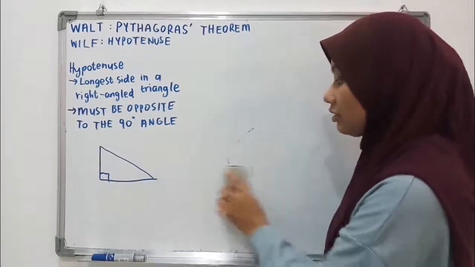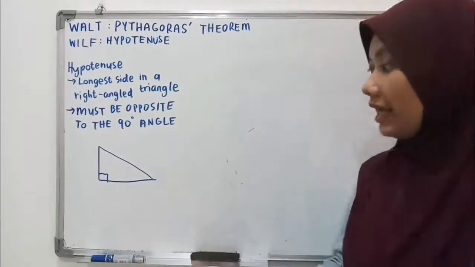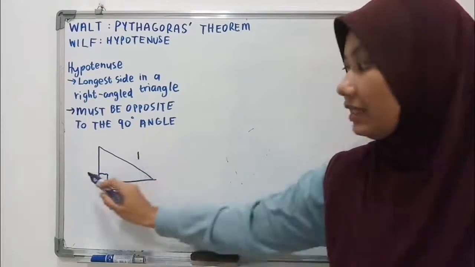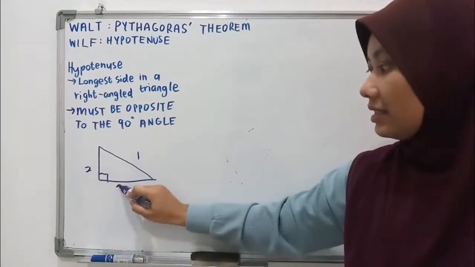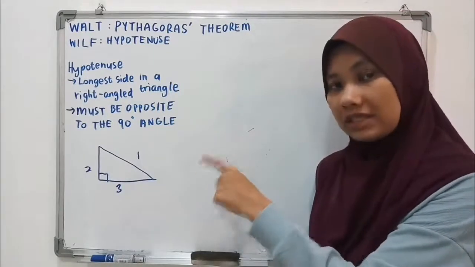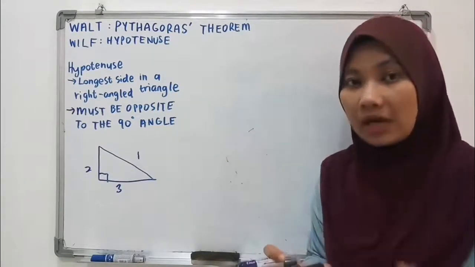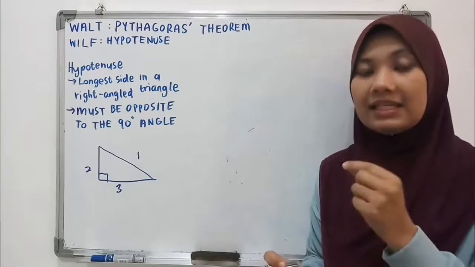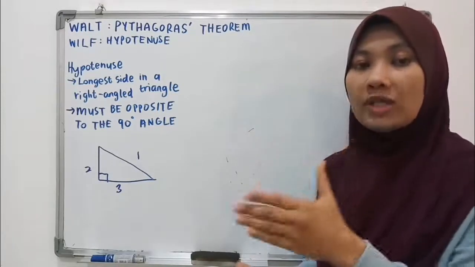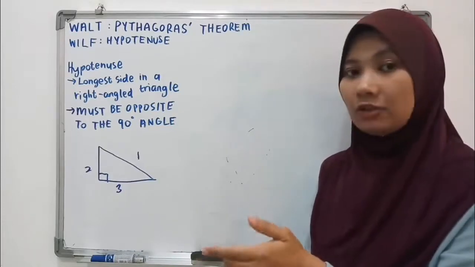So I have the first side here. Can I just label first side, second side, and then third side here. Which one is the hypotenuse? Hypotenuse must be the longest side, and it is always opposite to the right angle.